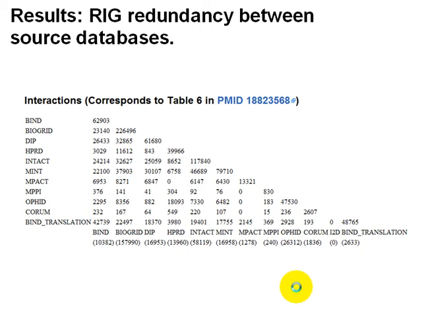I just want to show you this one particular matrix, which is a comparison of the overlaps between all of the databases. In this particular version of BIND, there were 62,903 interaction records in BIND in total, but there was an overlap between BioGRID and BIND of 23,000.